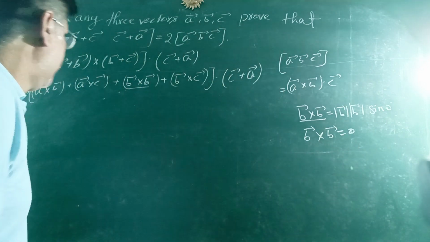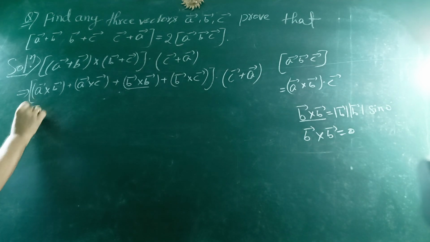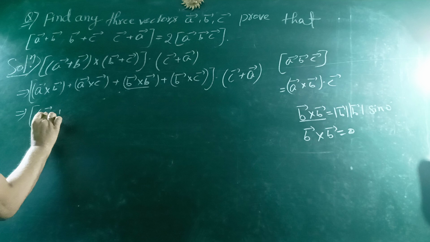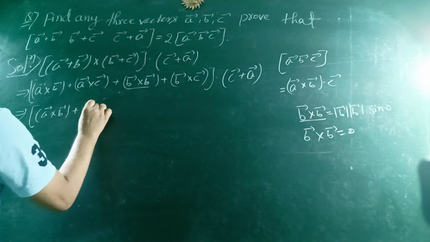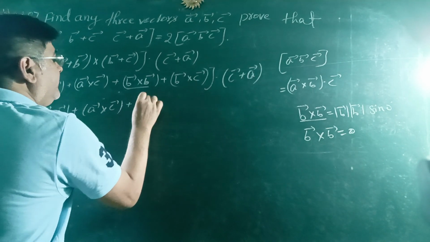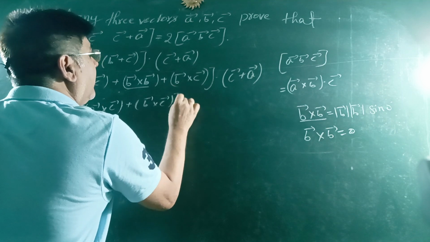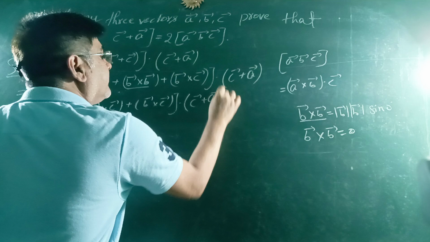Clear? So this is the A vector cross B vector plus A vector cross C vector plus B vector cross C vector and the dot product of C vector plus A vector.